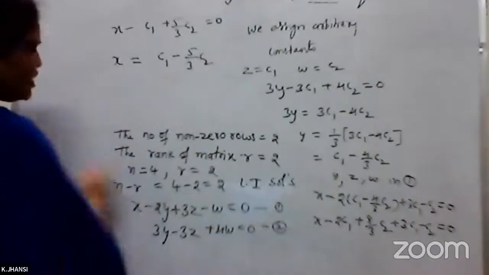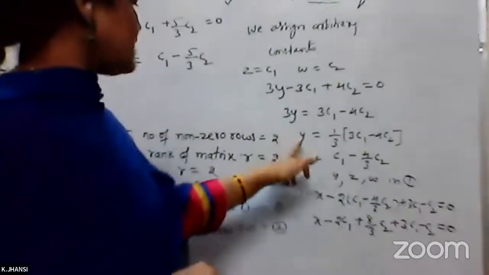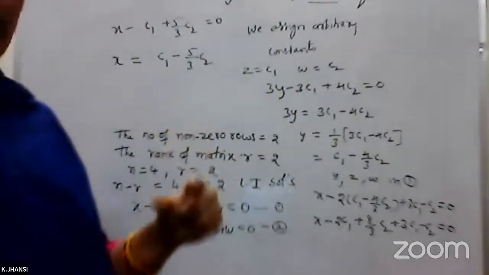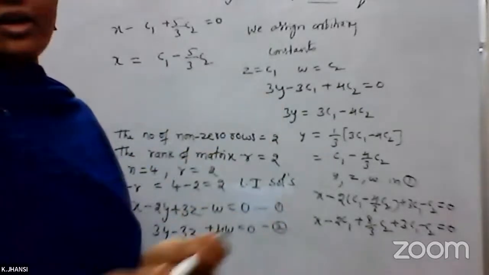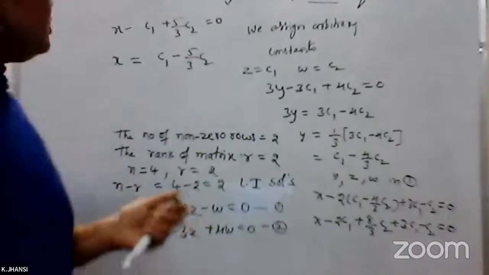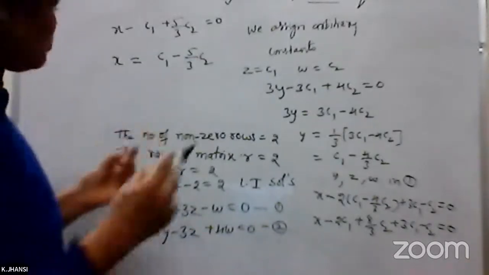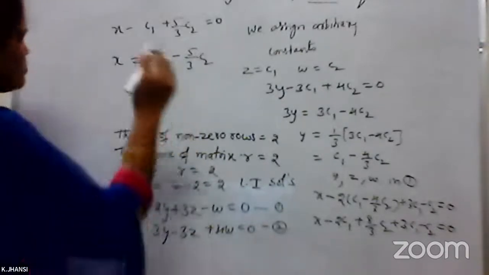And to check whether the values you have got for x, y, z, and w are correct, see if they satisfy the first linear equation. The first linear equation given is x minus 2y plus 3z minus w equals 0.